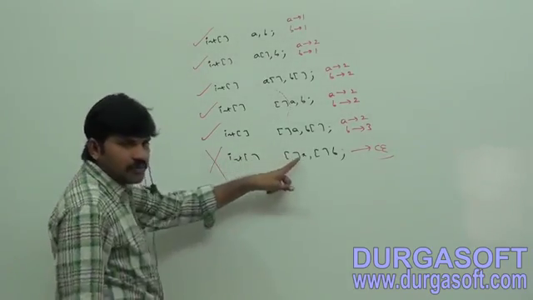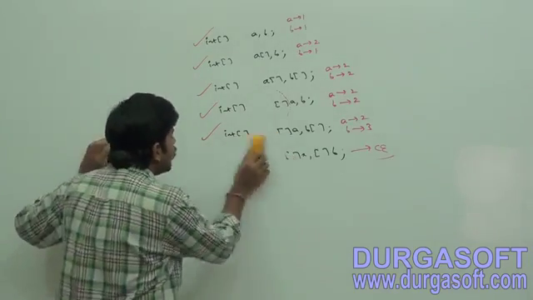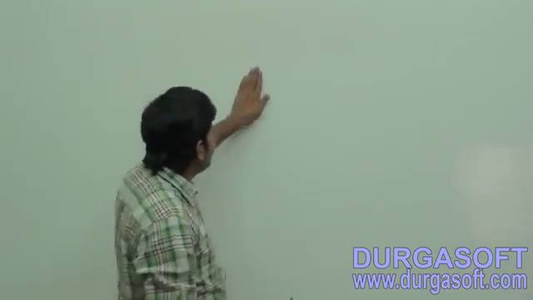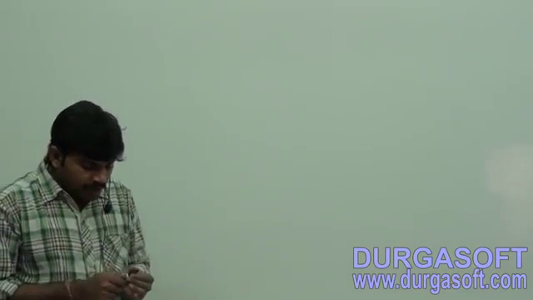Next, let me talk about this one. Add the theory. If we want to specify dimension before the variable, that facility is applicable only for the first variable in a declaration.